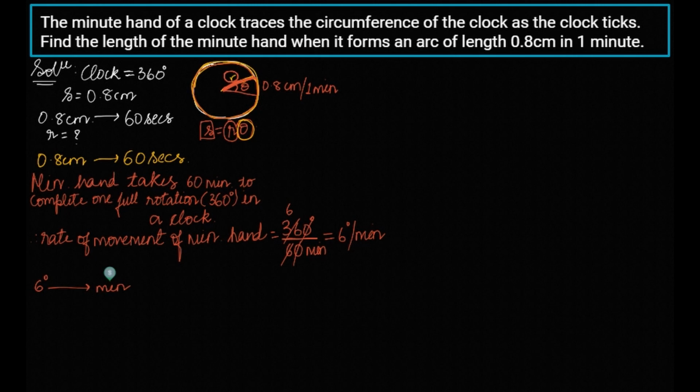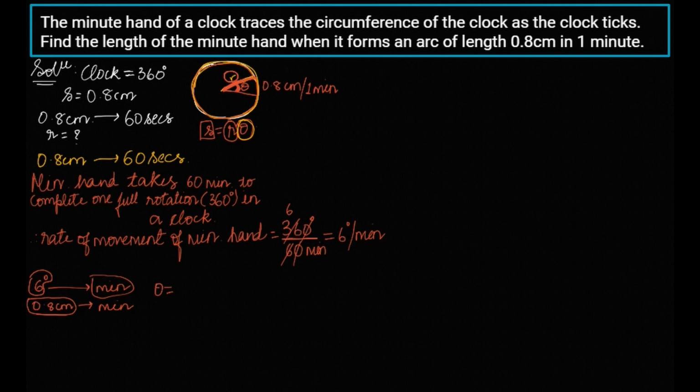So they've also given that the arc length of the minute hand is 0.8 centimeters in a minute. Since the minute hand moves 6 degrees per minute and the arc length per minute of the minute hand is 0.8 centimeters, we can take our theta, that is the angle formed in the sector here, equal to 6 degrees.